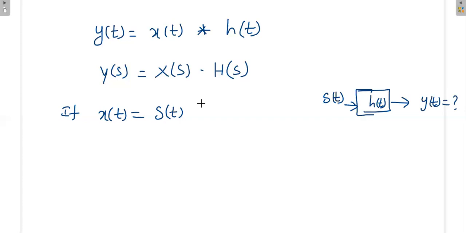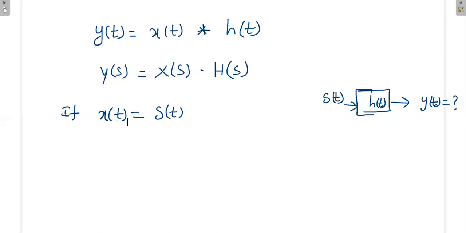That is del t convolution with h of t, sorry, not multiplication, convolution. Del t convolution with any signal is that signal itself. So we get h of t itself.